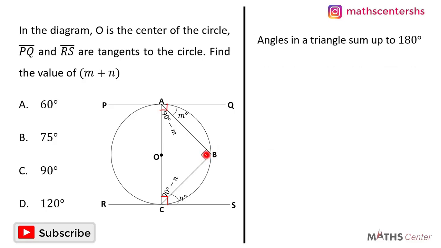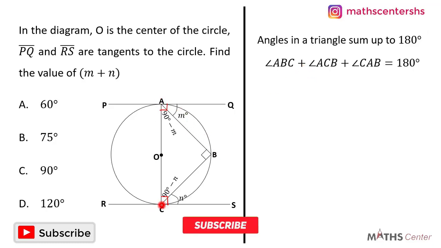We know that in a triangle, if you add all the interior angles together, you are going to have 180 degrees. So it means that angle ABC plus angle ACB plus angle CAB is equal to 180 degrees.